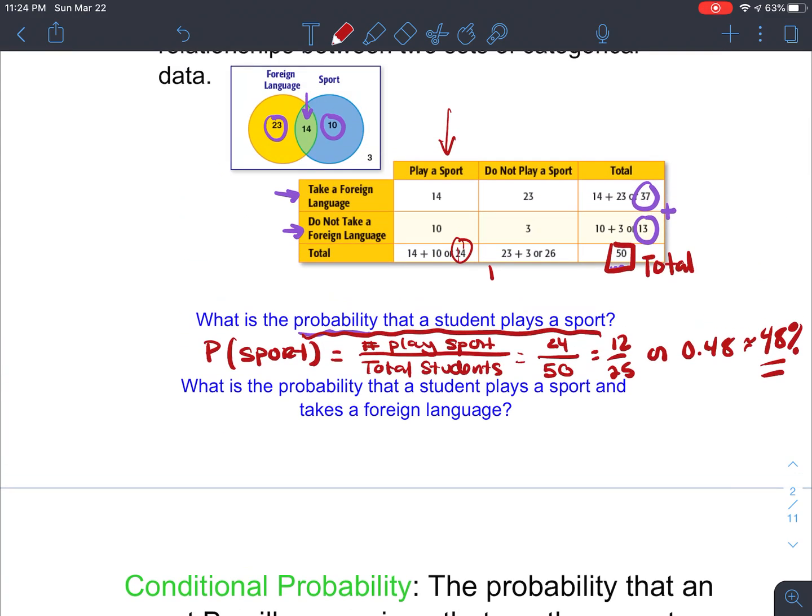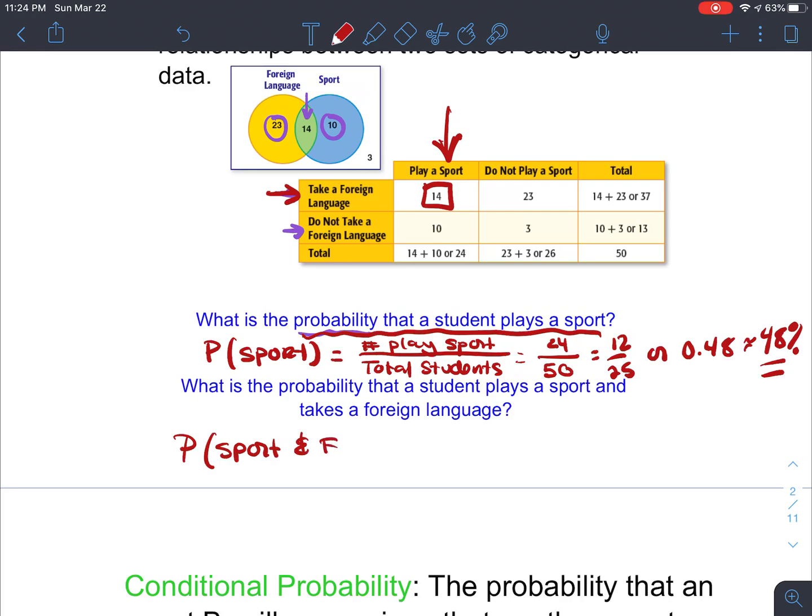Now, we want to find the probability that a student plays a sport and takes a foreign language, so does both. So going back to the table, which box in this table represents playing a sport and taking a foreign language? Well, we already know that that's 14.